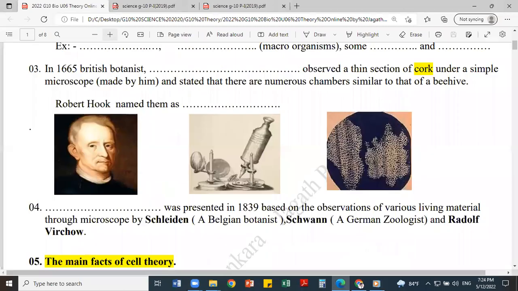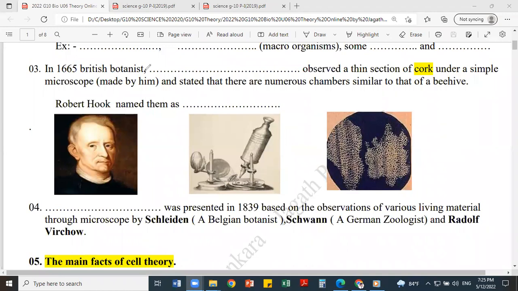Right. Next one. For the first time, a scientist called Robert Hooke. He is the first person who observed cells under a simple microscope. Robert Hooke. So that name you have to remember for MCQs. A British botanist.